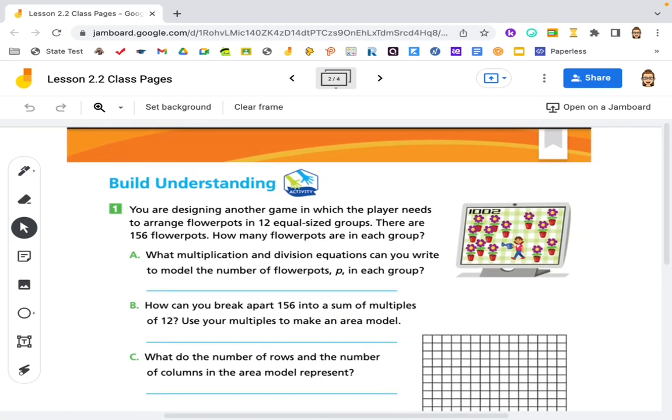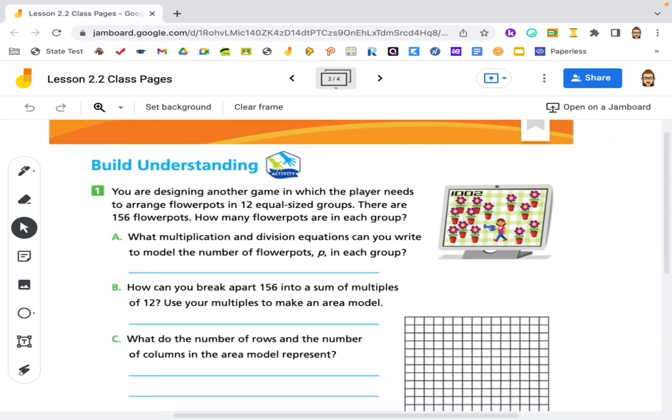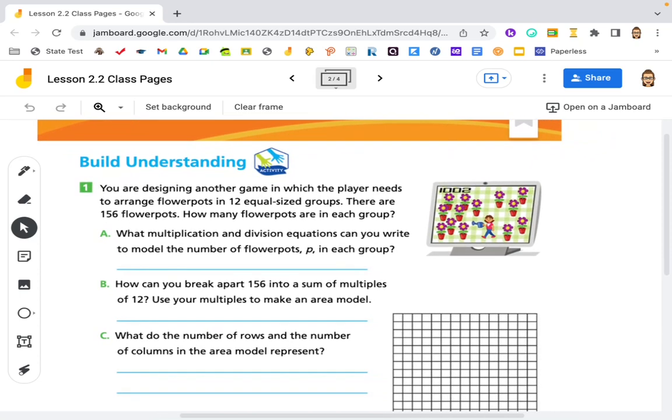And it says, you are designing another game in which the player needs to arrange flower pots in 12 equal-sized groups. There are 156 flower pots. How many flower pots are in each group? So first, what multiplication and division equations can you write to model the number of flower pots P in each group?